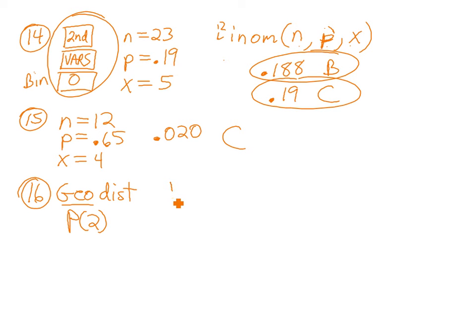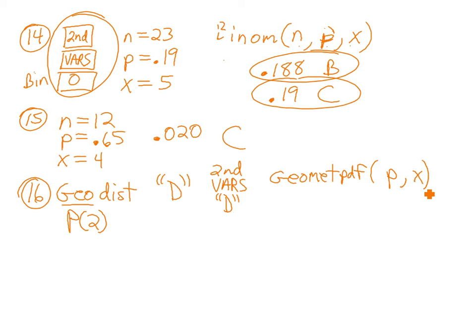When we do that, remember that that's the D on your calculator. So you hit second, and again you hit bars. Then you go to D, and it's going to say geometpdf or something like that, parenthesis, and in the parenthesis we're going to stick in the probability, then the x, close the parenthesis.